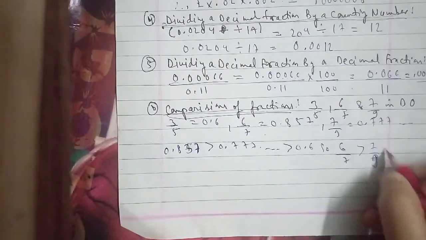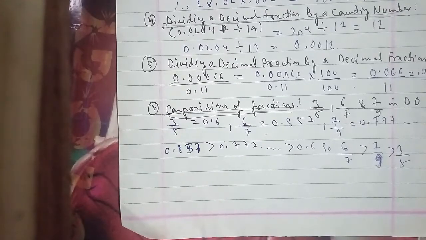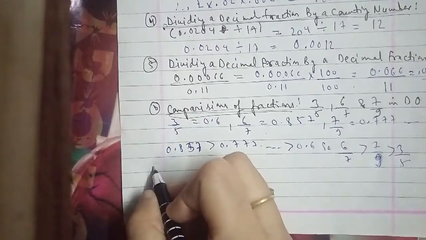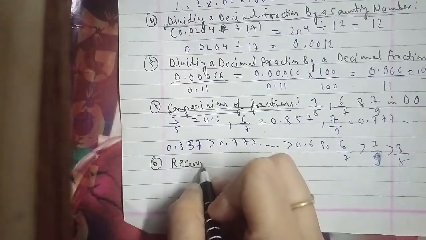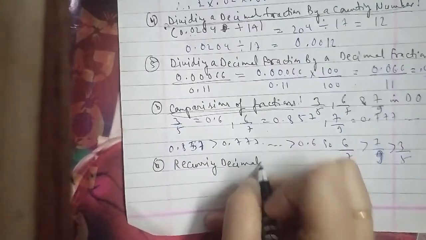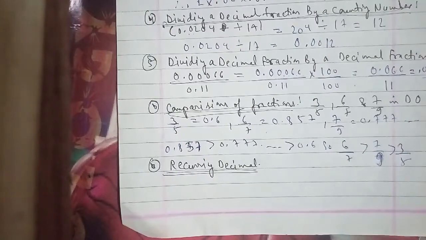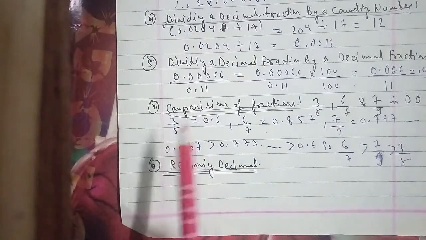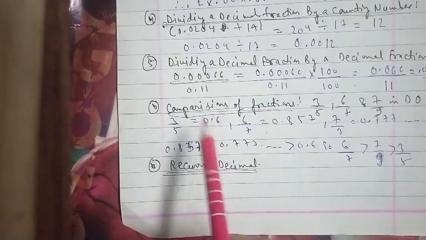Now we'll discuss the sixth topic of the session, which is recurring decimal. In a recurring decimal, if in a decimal fraction a figure or a set of figures is repeated continuously, then such a number is called a recurring decimal.